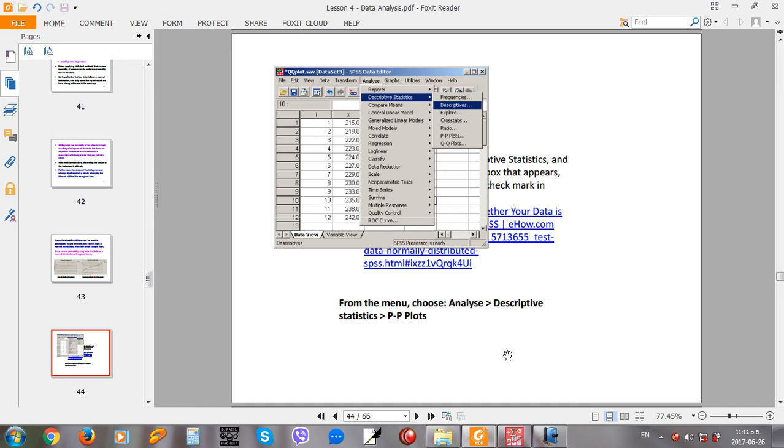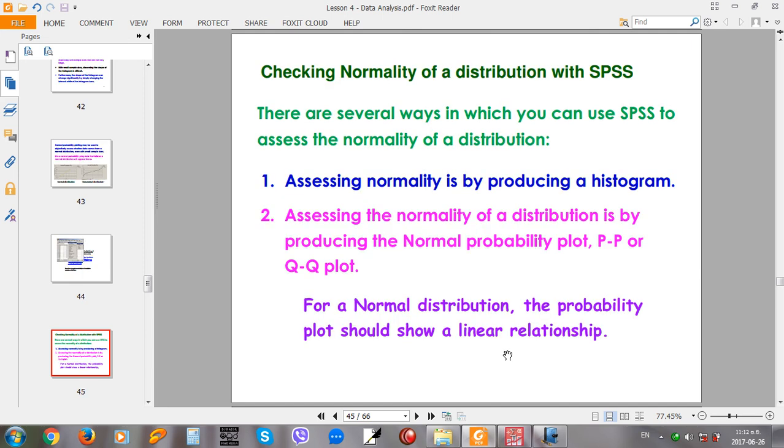Now we consider how we can do the normality test using SPSS. Checking the normality of the distribution with SPSS: there are several ways in which you can use SPSS to assess the normality of a distribution. The first is to assess normality by producing a histogram.